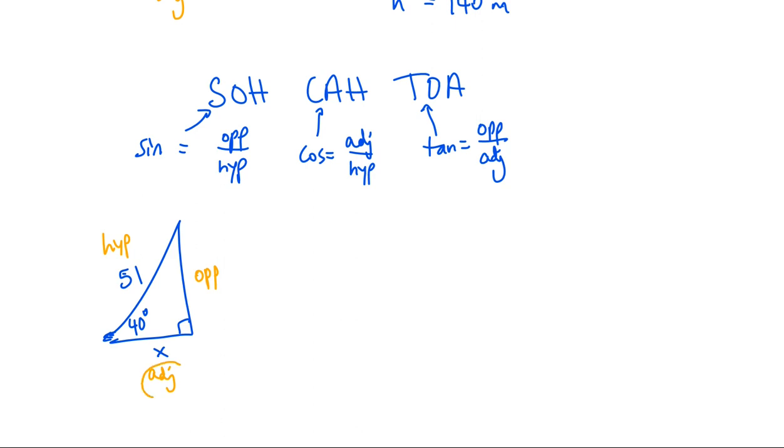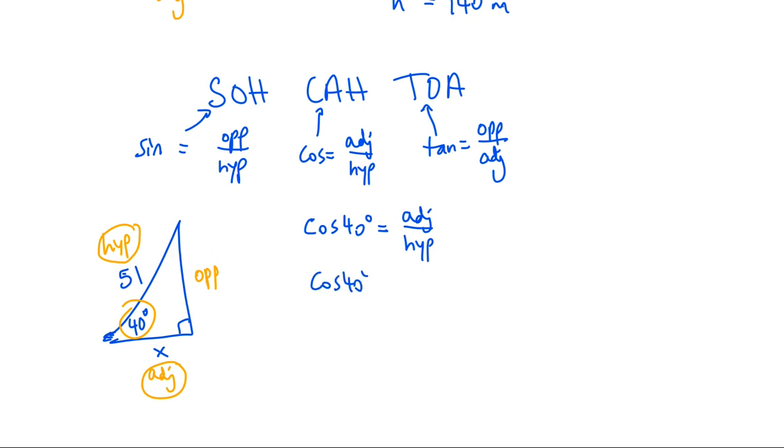I know my adjacent is x, it's what I'm trying to find, so it's involved. My hypotenuse is given, so it's involved, and my angle is given. But I don't have anything to do with opposite. So I'm going to use the trig ratio that involves the angle, the adjacent, and the hypotenuse, but not the opposite. So that means I'm going to use cosine. So cosine of 40 degrees is equal to adjacent divided by the hypotenuse.